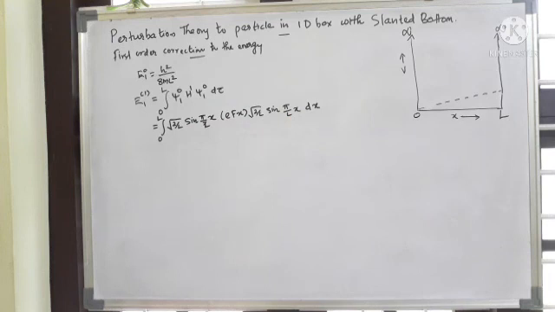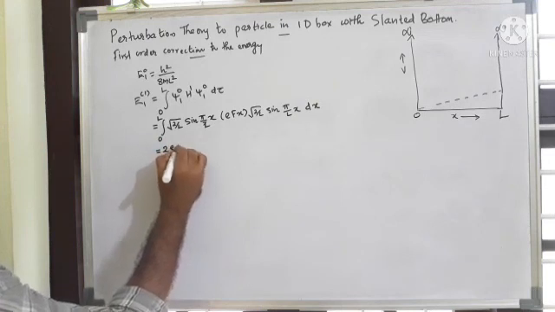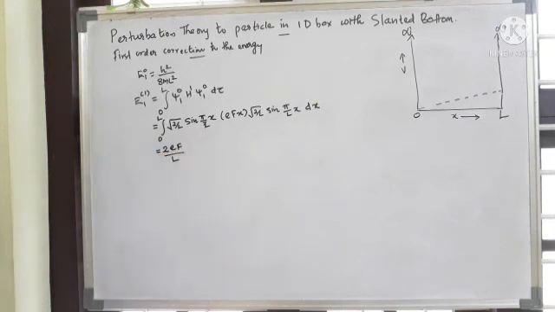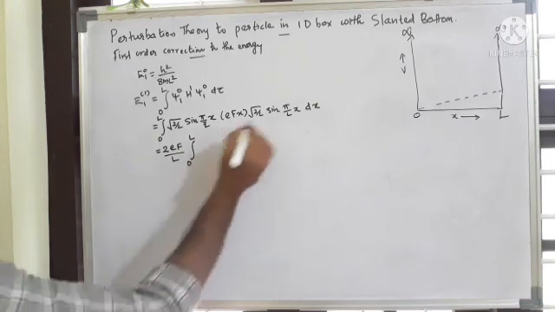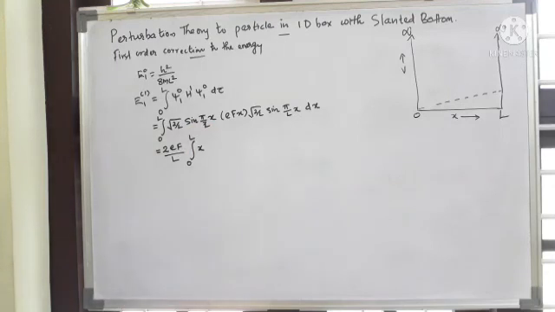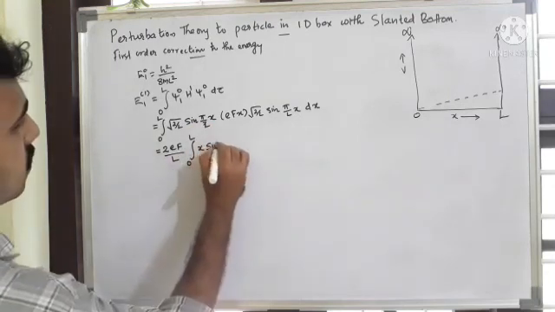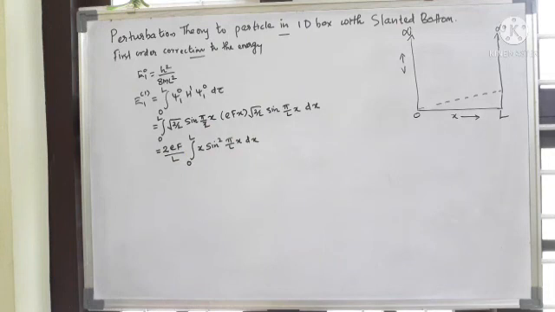E and F are constants, and root 2 by L into root 2 by L gives 2 by L. So this becomes 2EF by L, integral 0 to L of x sin square pi by L x dx.